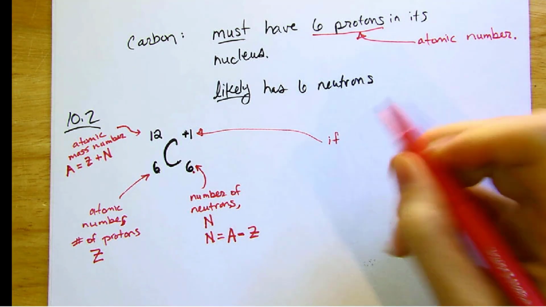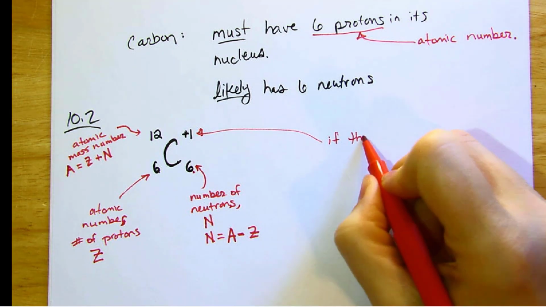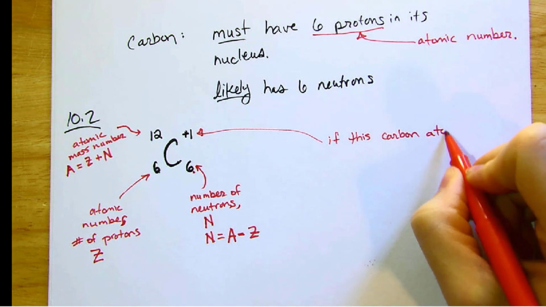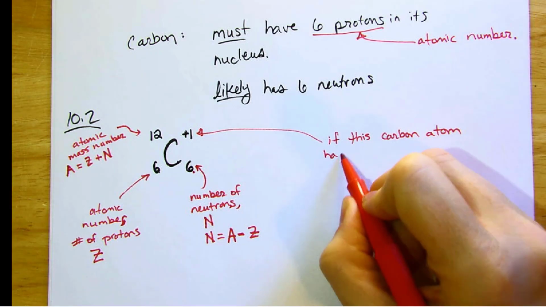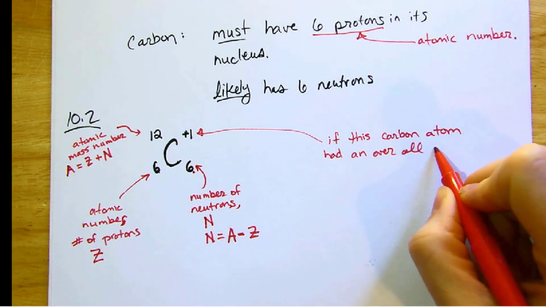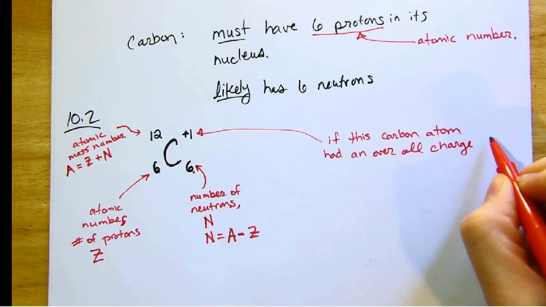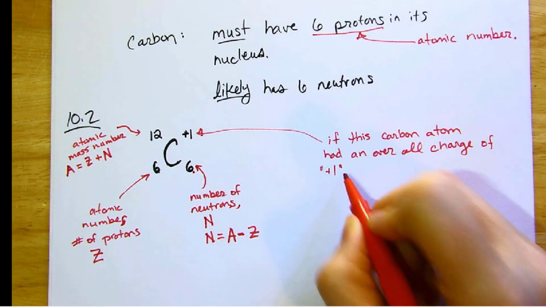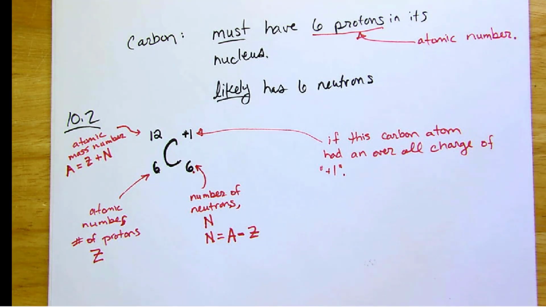So if this carbon atom had an overall charge of +1, it means that it had one more proton than it had electrons.